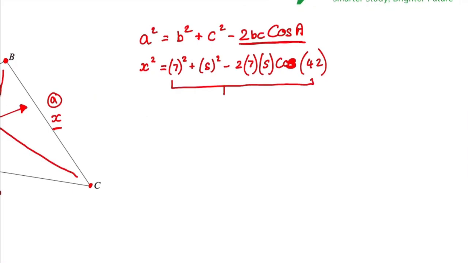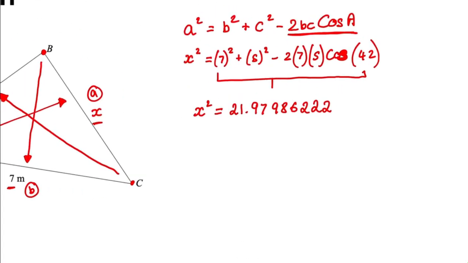Now if we type it into our calculator, we're going to get 7 squared plus 5 squared minus 2 times 7 times 5 times cos 42. Okay, so we're going to be left with x squared on the left side, and that's going to be equal to 21.9798622.